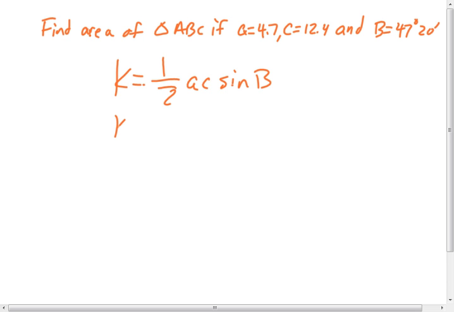So now we can just simply plug in the information that we know. A is 4.7, C is 12.4, and B is 47°20'.